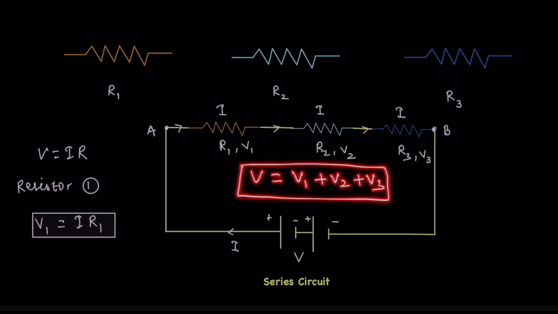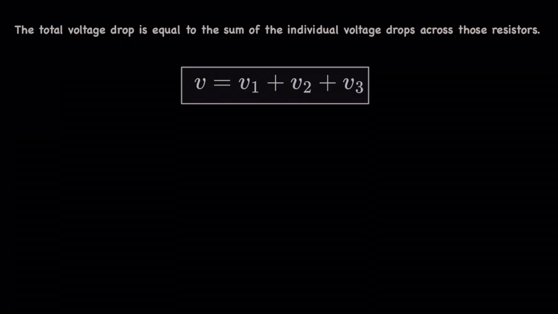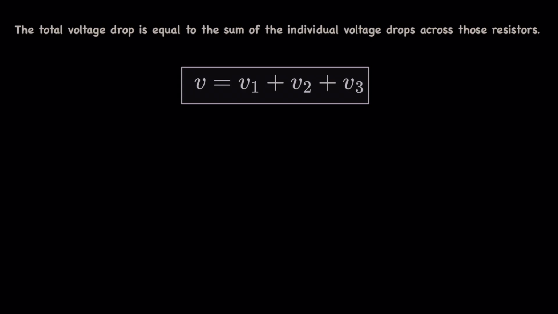So from here we can say that if we add all the potential differences of the resistors, that must be equal to the potential difference of the battery. So we noted down the total potential drop is equal to the sum of individual voltage drops across these resistors. V is equal to V1 plus V2 plus V3.